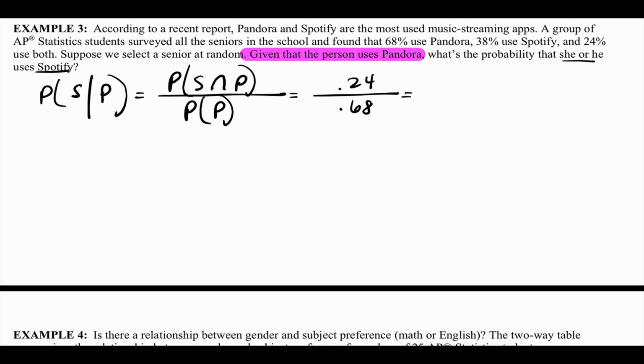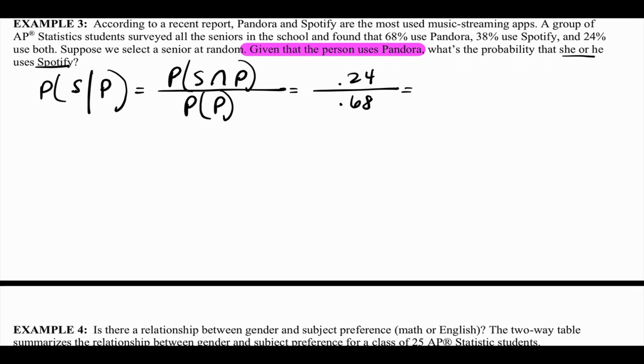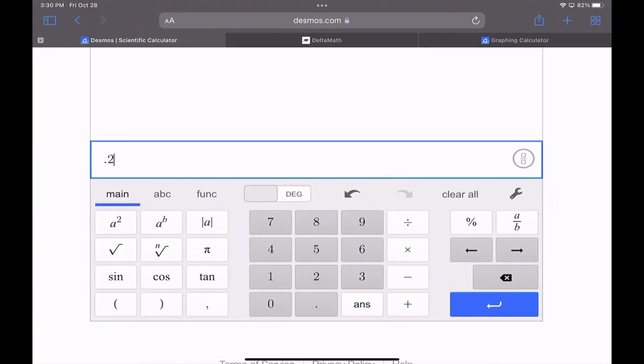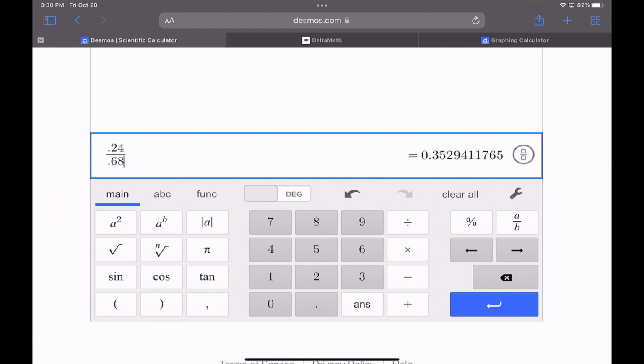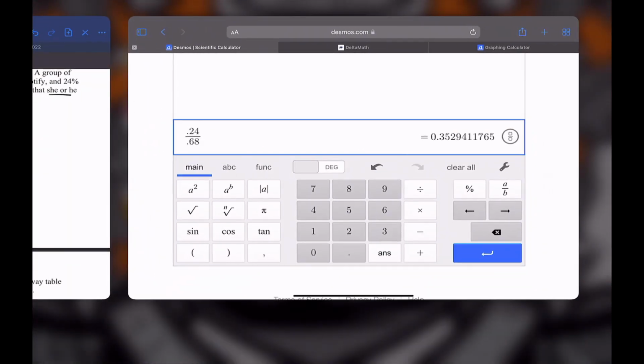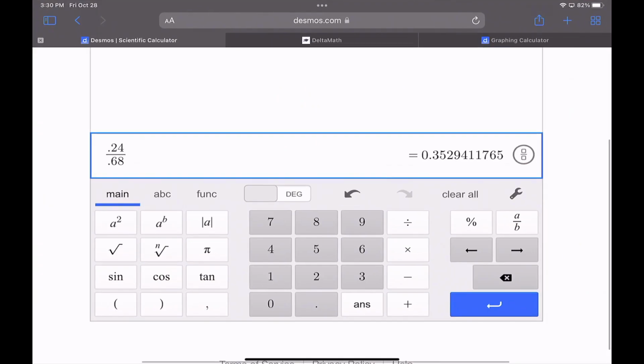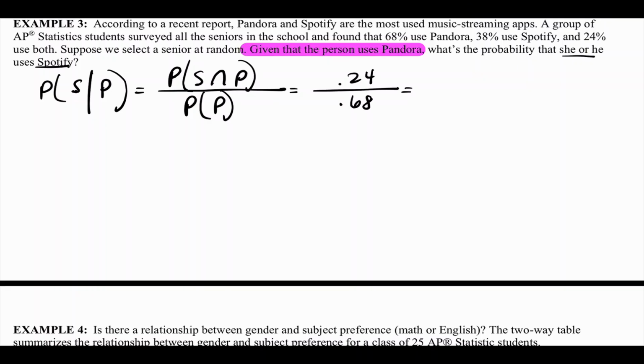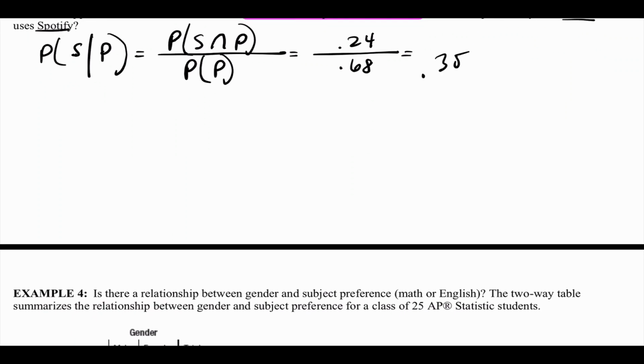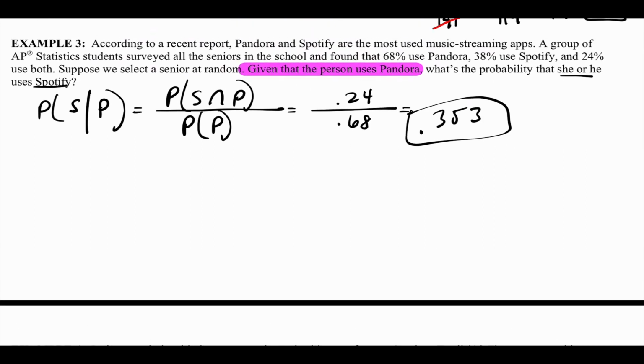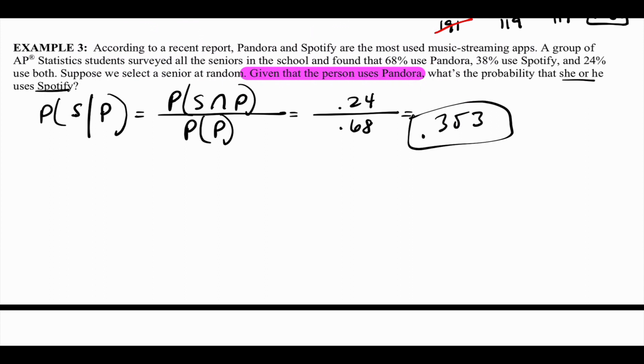So 0.24 divided by 0.68, 0.353. Yep, that's what I got. Okay. That's why formulas will never let you down. If it's a given that, go to this formula. Use this formula. If it's an or, use the general addition rule.